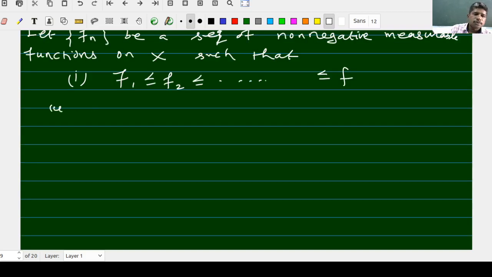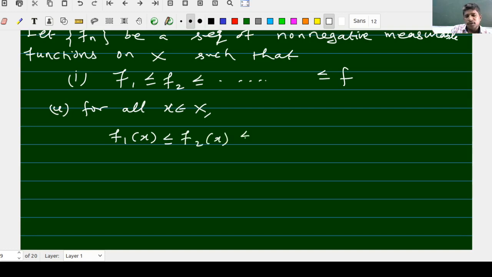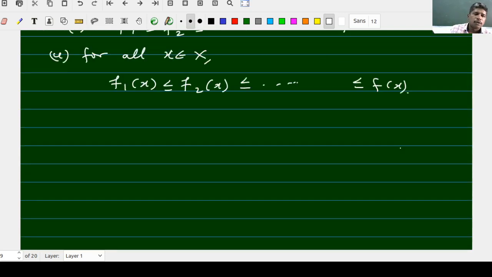Right? Means what? That is for all x in capital X, f1 of x less than or equal to f2 of x less than or equal to, and so on. Everything less than or equal to f of x, right? Second condition, Fn converge to f pointwise.